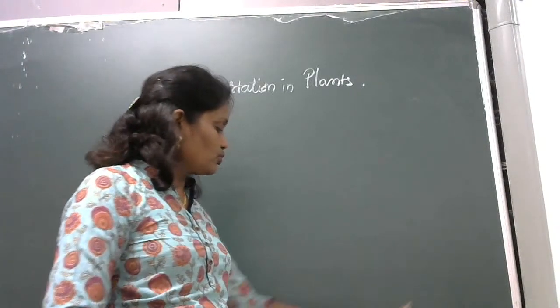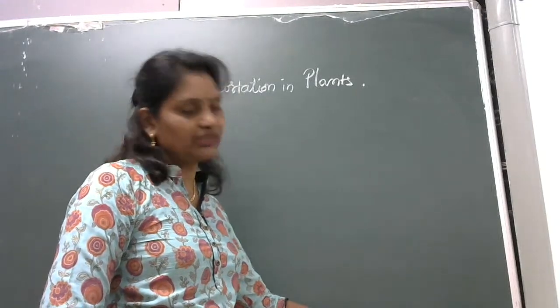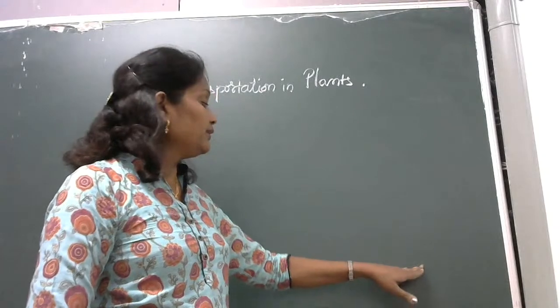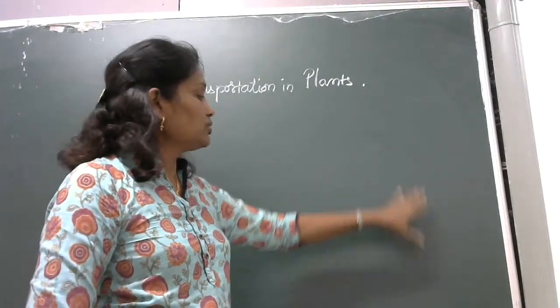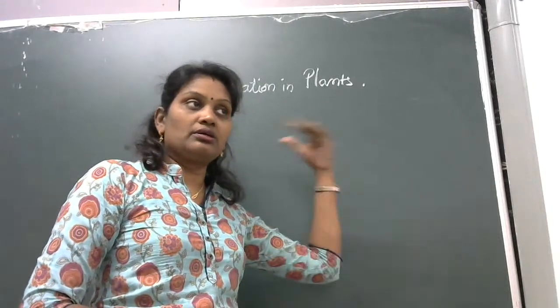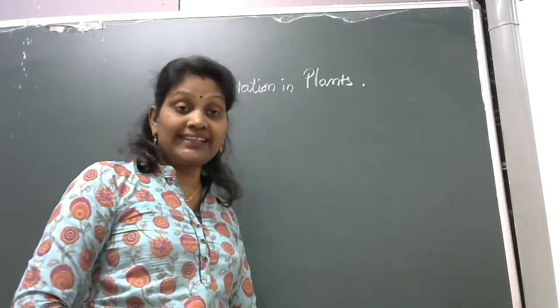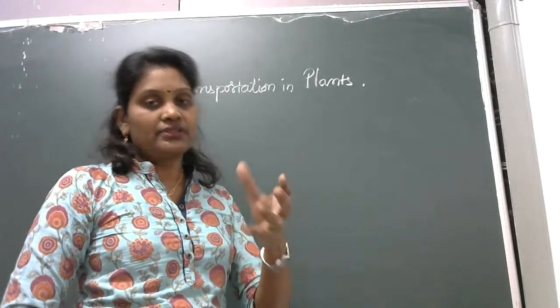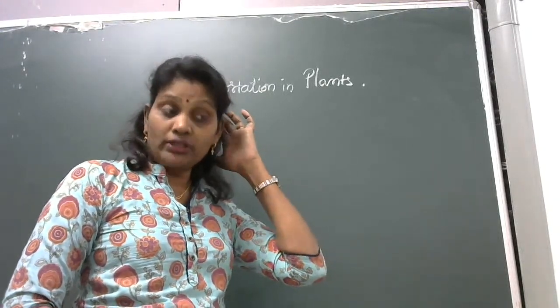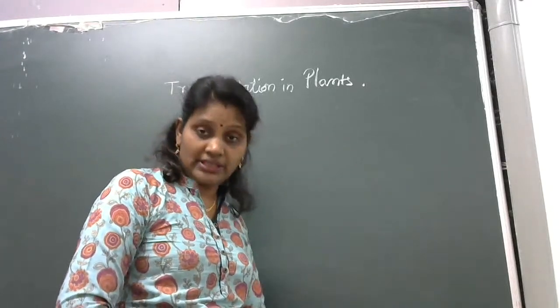So first the roots absorb the minerals, water, and nutrients from the soil, and from the roots to the leaves. The last part in the trees is the leaves that take the water.